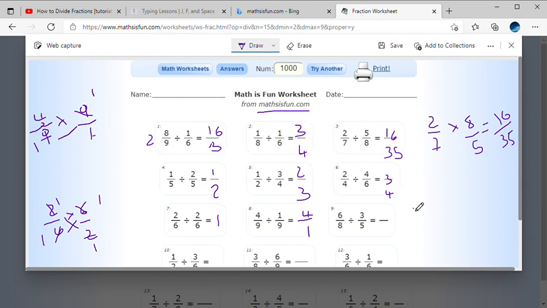So we're at number 9, which is 6 over 8 divided by 2 over 5. We're going to reciprocate and change the sign to a multiplication sign, so it's times 5 over 3.